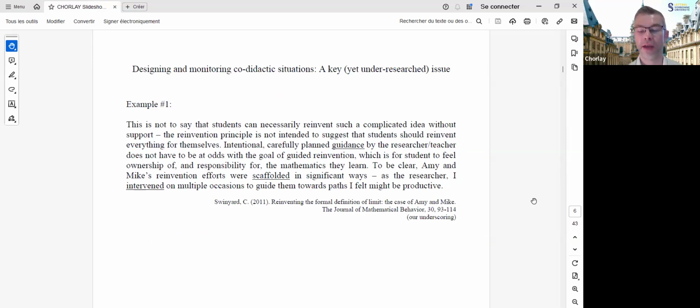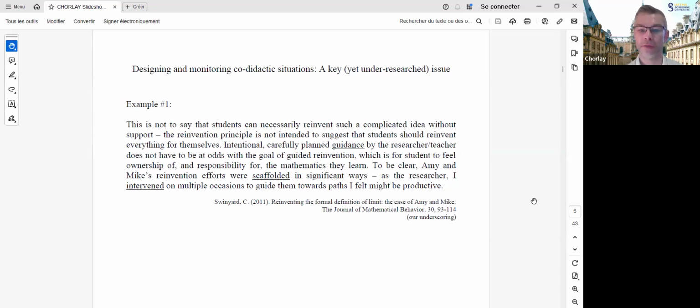I wanted to emphasize the fact that there's a vast literature on the teaching of limits, and it's very coherent. We have a very thorough mapping of all the difficulties, and some good ideas have been tried out, but usually teacher guidance is not taken into account.